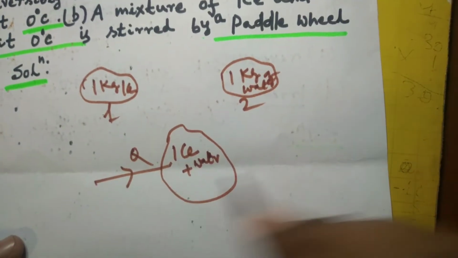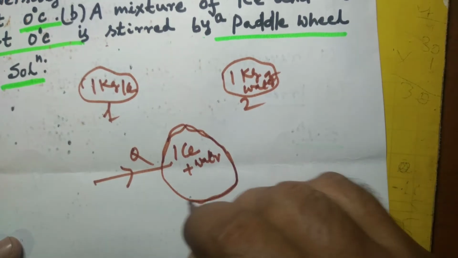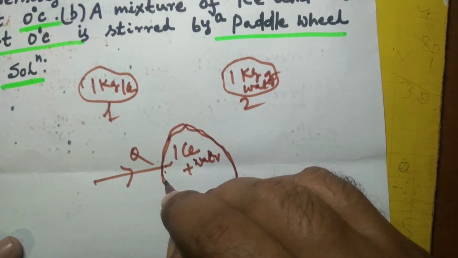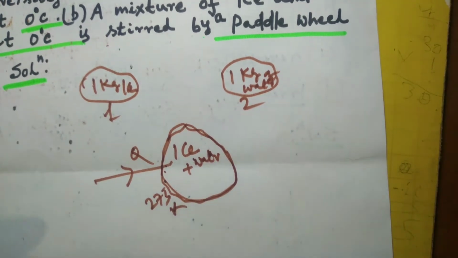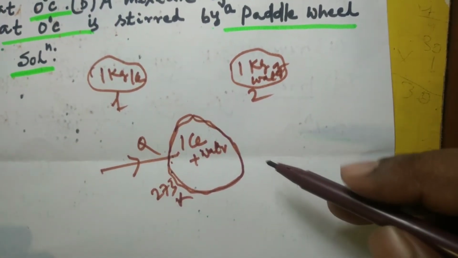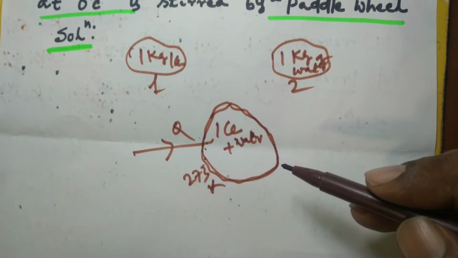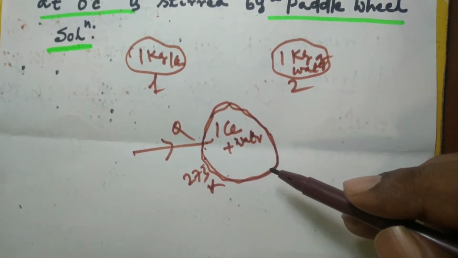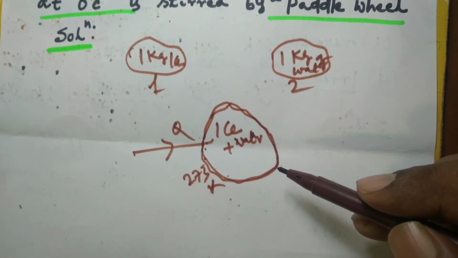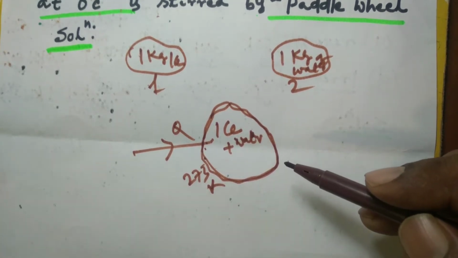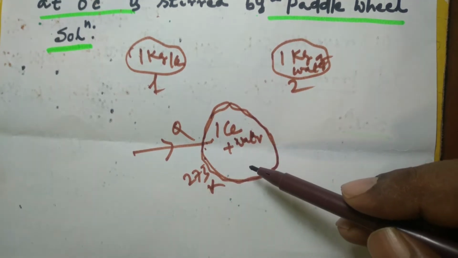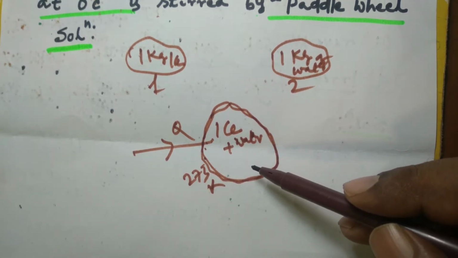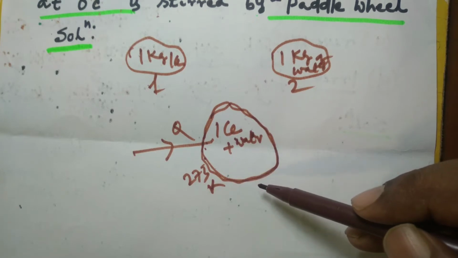And the temperature at which heat is transferred is 273 Kelvin. During this phase change, no rise in temperature takes place, because this is latent heat, not sensible heat where we can sense a rise in temperature. In fact, during this phase transition, heat is only absorbed or liberated, but there is no change in temperature.